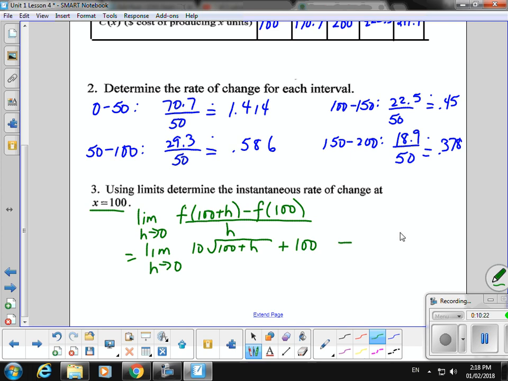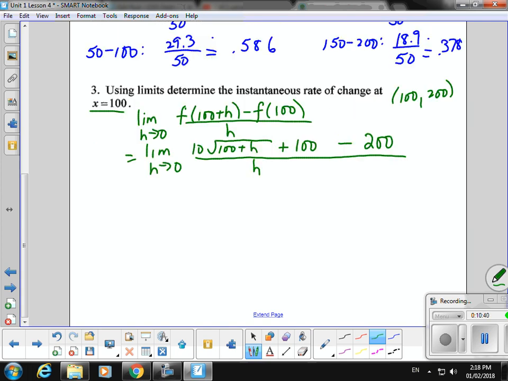Subtract the function at 100. I already know that because I have that on my table of values. I know that point is (100, 200). So I'm just going to put 200 in here, all over h. If I were to put a 0 in right now, I'd have 0 over 0, so it would not tell me a thing. So I need to keep simplifying.